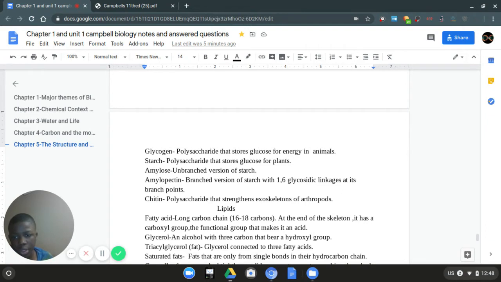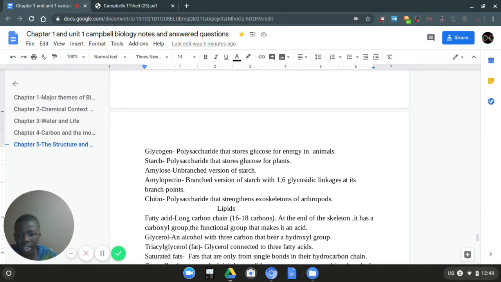Remember, a carboxyl group is COOH, and it acts like an acid, so it picks up hydroxyl groups, which reduces the hydroxyl concentration and increases the hydrogen ion concentration, which makes it an acid. So a fatty acid is basically a long chain of carbons with the carboxyl group at the end, giving it the name fatty acid, right? I think that's pretty simple to remember.